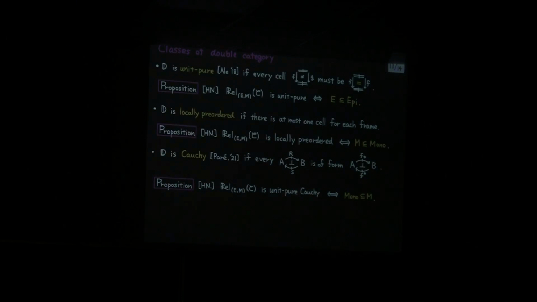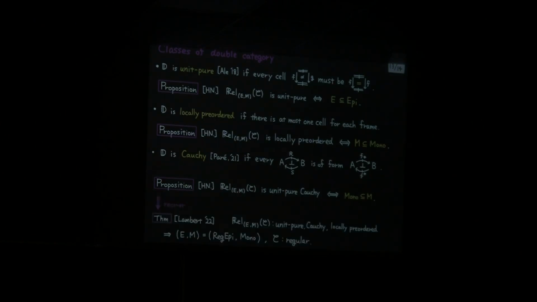And we figured out that the double category of M relations is unit pure and Cauchy if and only if all the monomorphisms belong to the right class M. And from the last two propositions, we can recover the results by Lambert, because from these two conditions we detect what the right class is, and the double category of M relations is unit pure, Cauchy, and locally preordered if the factorization system is given as the regular epimorphisms and monomorphisms, which means the underlying category is regular.